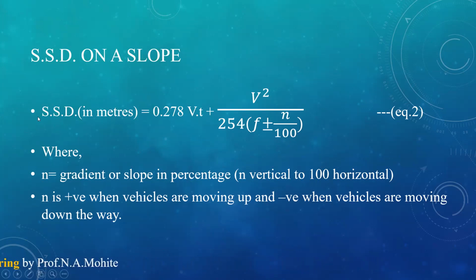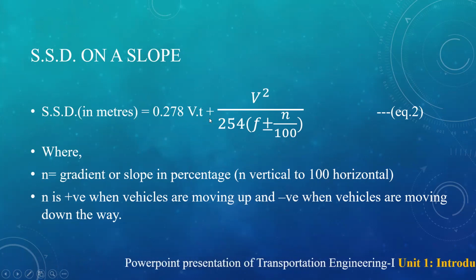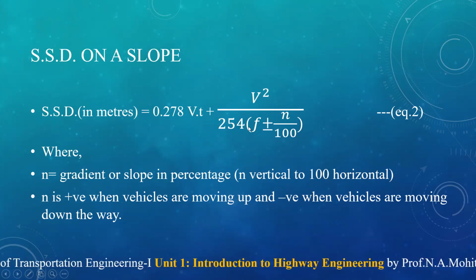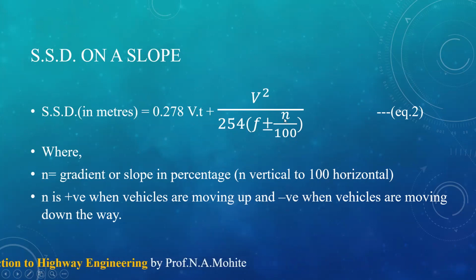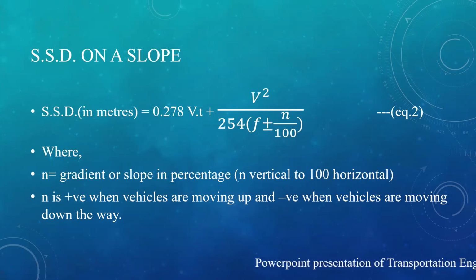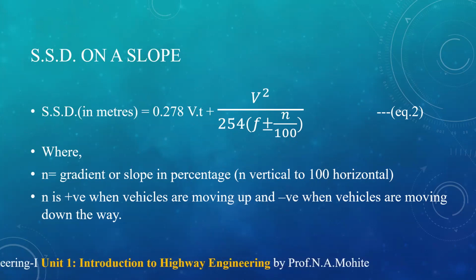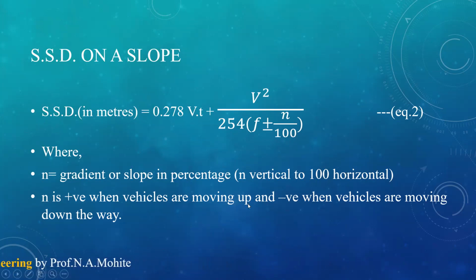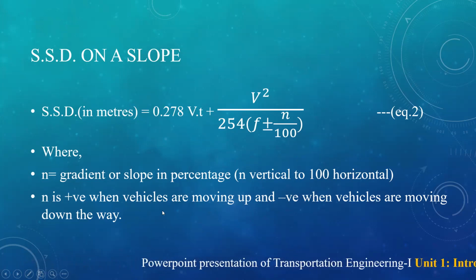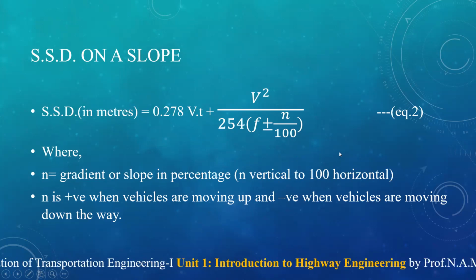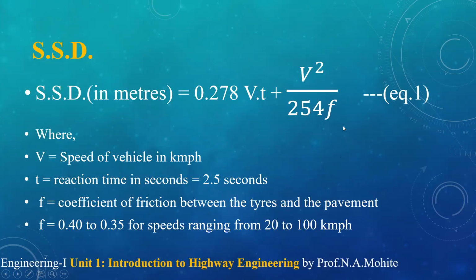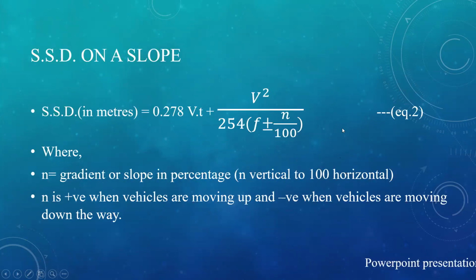So the formula will be SSD in meters is equal to 0.278 into V into t plus V square divided by 254 into bracket f plus minus n divided by 100, where n is the gradient or slope in percentage, n vertical to 100 horizontal. n is positive when the vehicles are moving upwards and negative when moving downwards. Previously it was equation number 1 and this is equation number 2.